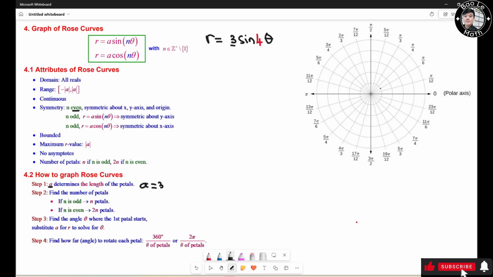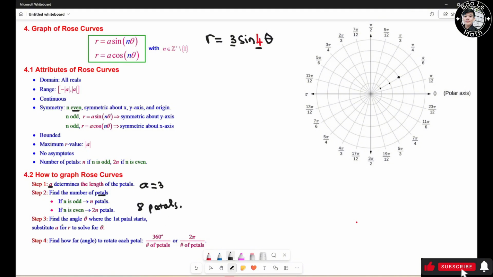So we have 1 circle right here, 2 circles, and 3 circles. Is this the maximum? Now, we need to find the number of petals. Since 4 is even, the number of petals is 2 times n, which means 2 times 4 is going to be 8 petals.